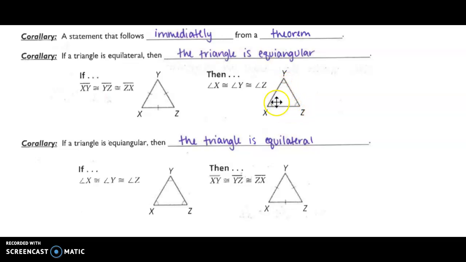Now, for a triangle, if you forget, the degrees of a triangle, no matter what, always add up to 180, okay? So in an equilateral triangle, each angle is going to be 60 degrees, right? 180 divided by 3, okay? And vice versa. If a triangle is equiangular, then the triangle is equilateral.